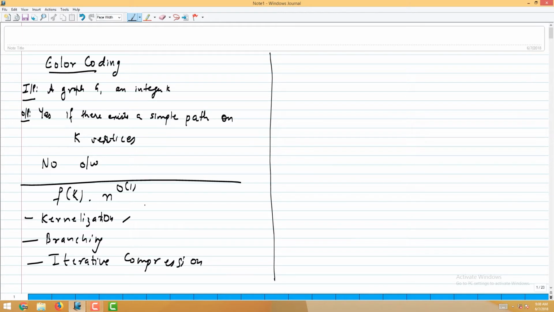Let's say branching. Can we do branching to solve this problem? That's not the right question. Do you see a natural branching algorithm to solve this problem? Usually, the kind of branching that we have seen so far, what was the idea behind it? We were trying to find a set of vertices whose deletion makes the graph look like something. And to do branching, we were always trying to find a structure in the graph from where we knew that the solution has to pick at least one of the vertices from that structure.